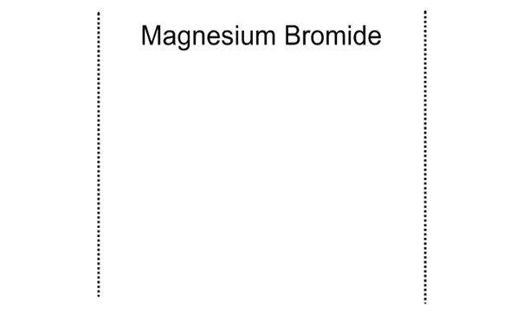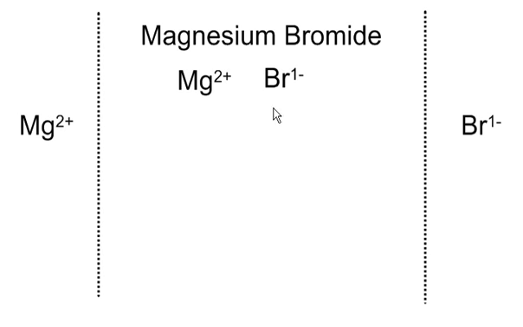For the next example, we'll look at magnesium bromide. I have magnesium ions, Mg2+. Bromide ions are Br1-. Again, my goal is to find what combination would have a charge of 0. So if I bring one of each together, you see that there's more positive charge than there is negative.